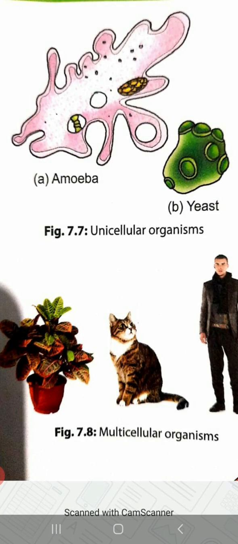And when we say multicellular, as the name suggests, multi means many, it has many cells present in it. So the organisms which are made up of more than one cell are called multicellular organisms. The best example is we, the human beings, we are made up of multiple cells. Similarly, plants, cats, dogs, trees are examples of multicellular organisms.